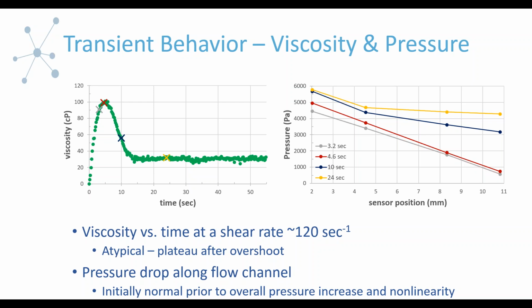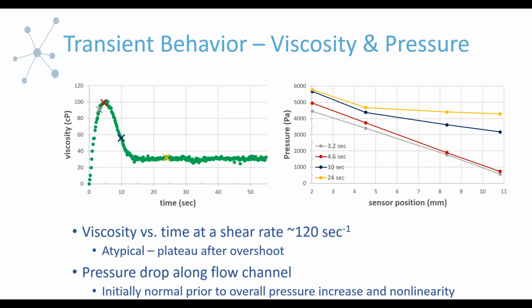We see that we start to deviate from that as time goes on and we're pumping more of the polymer solution through the flow channel. What this is telling us is that we're violating some of our assumptions. It's not immediately clear yet what's happening. We can speculate, and we will a little later on.